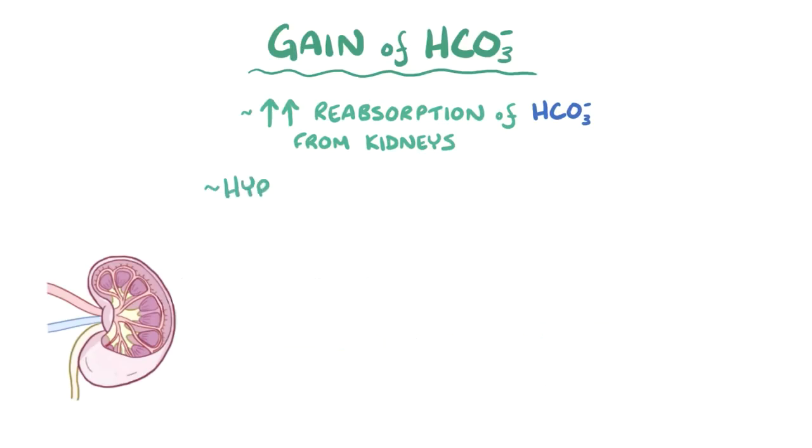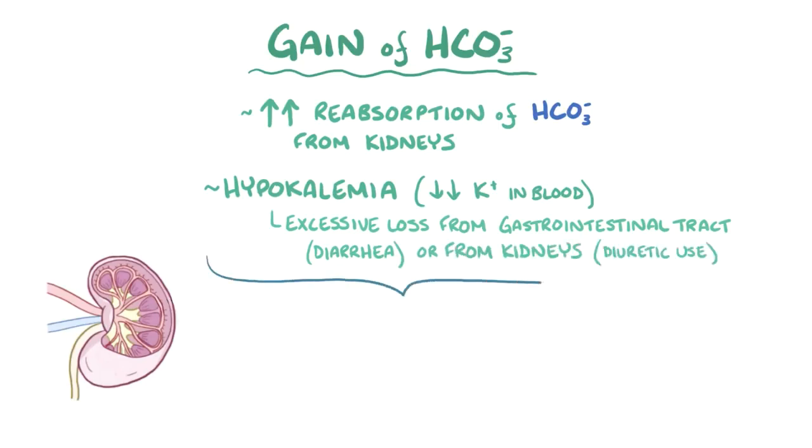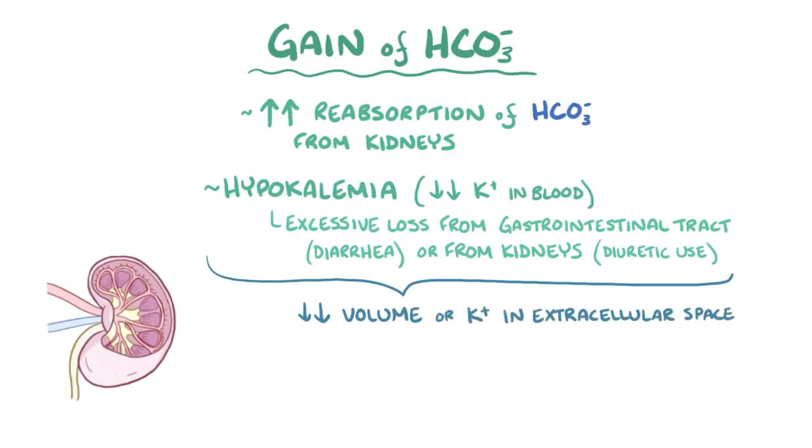Another stimulus is hypokalemia, or decreased levels of potassium in the blood, which can be due to excessive loss from the gastrointestinal tract, like in diarrhea, or from the kidneys due to diuretic use. In any case, when there's less volume or less potassium in the extracellular space, it triggers the renin-angiotensin-aldosterone mechanism.